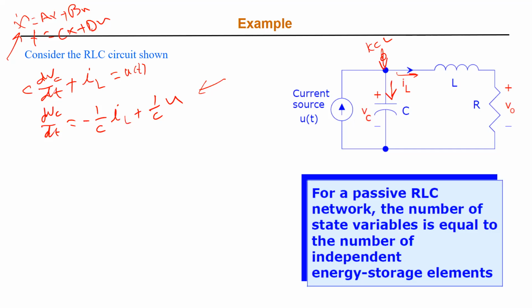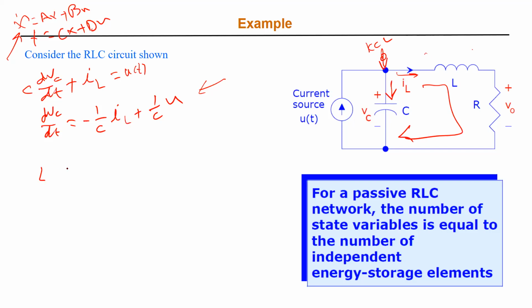How do I get the other one? You take it from maybe KVL, KVL in the second mesh. So KVL here is going to be what? What is the voltage here?